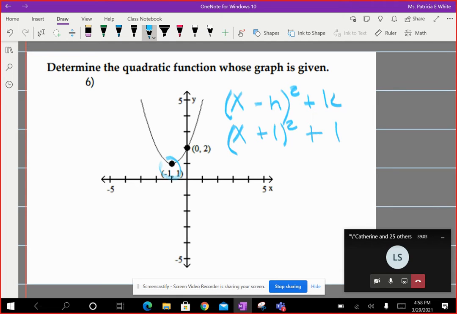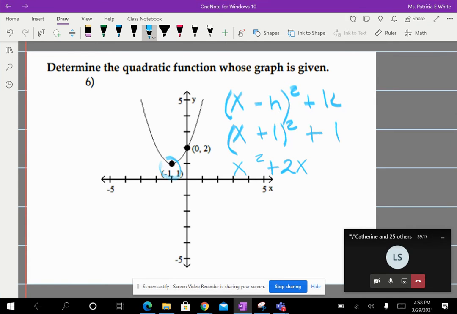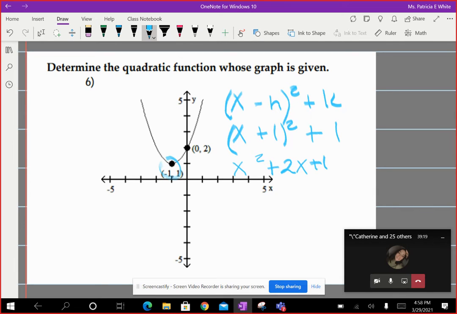FOIL it out. And you have got x squared plus 2x plus 1 plus 1.